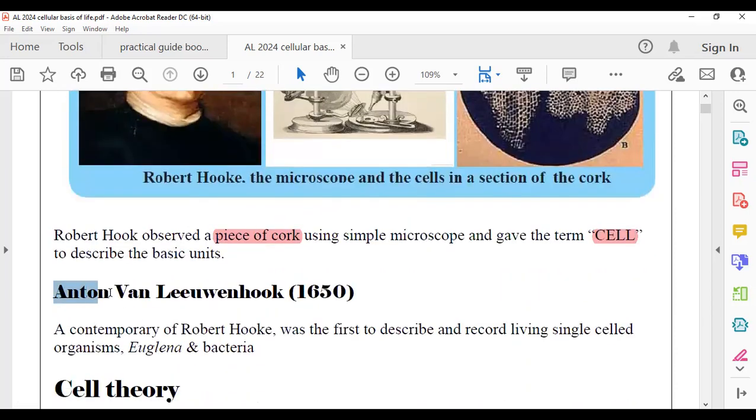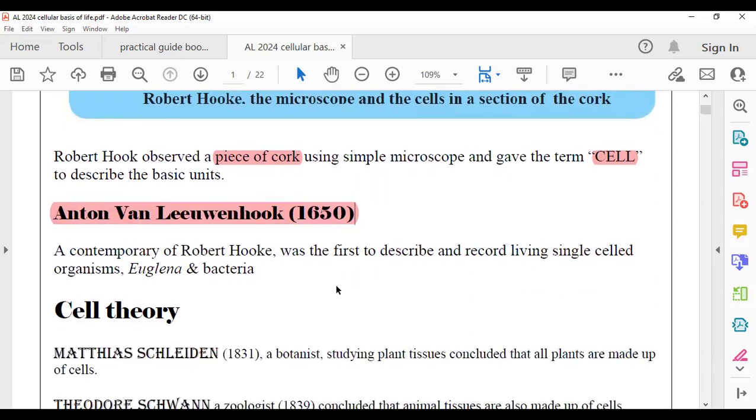The second person who contributed to cell biology is whom? Read his name. Anton van Leeuwenhoek. This man prepared his own microscope and observed pond water.